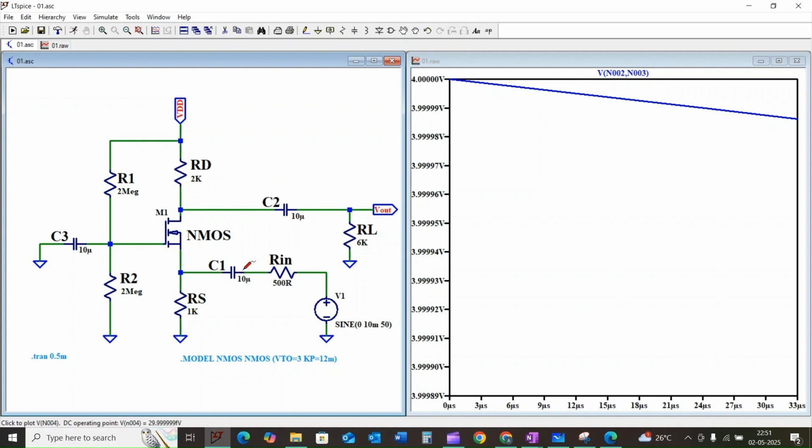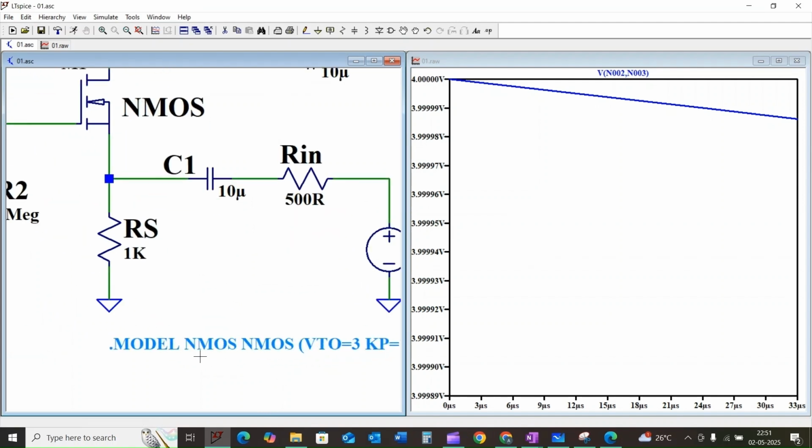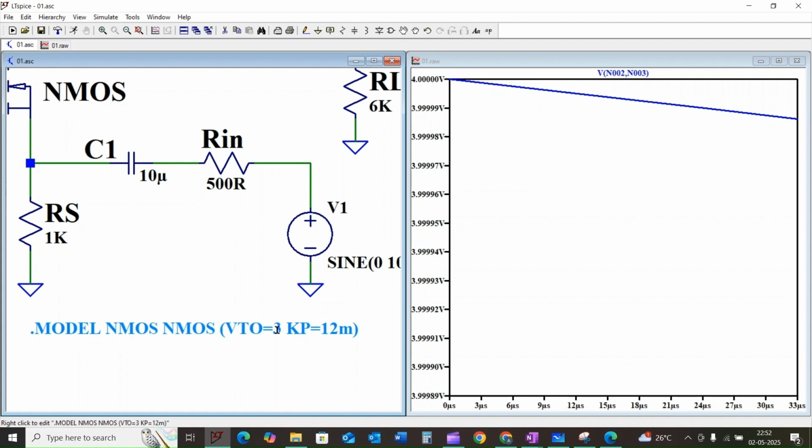It is important to understand how the MOSFET is modeled in the SPICE. We have used N-channel MOSFET, and we need to input parameters like the threshold voltage. You can see here the threshold voltage is 3 volt, and the conduction parameter Kp as 12 millisiemens. The Kp is related to the conduction parameter Kn.